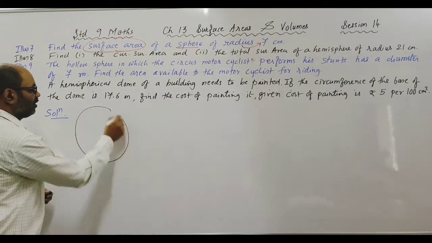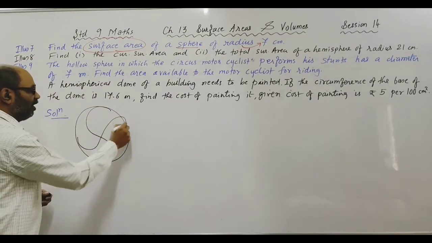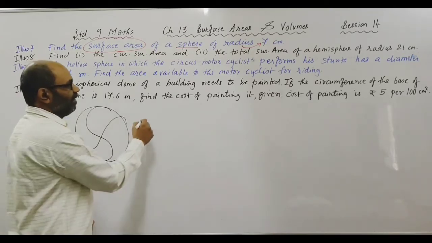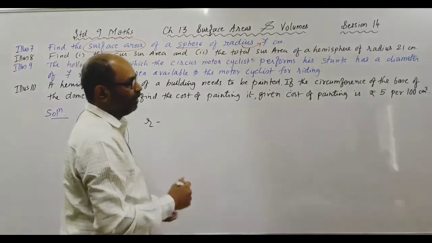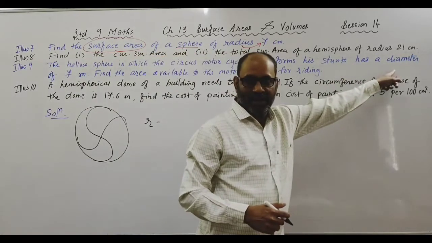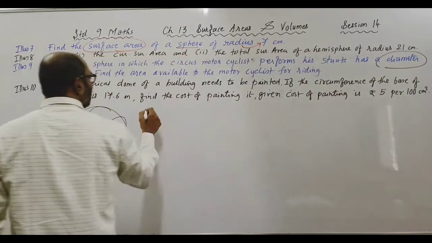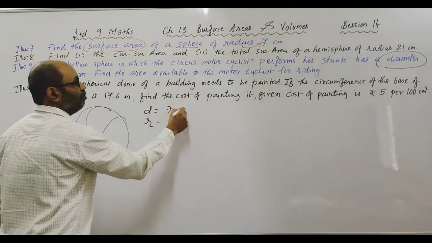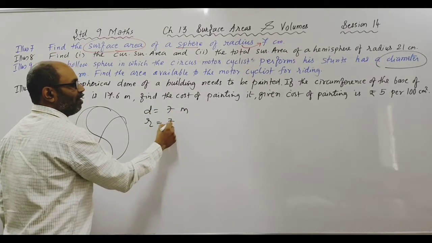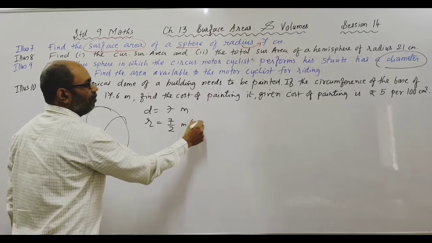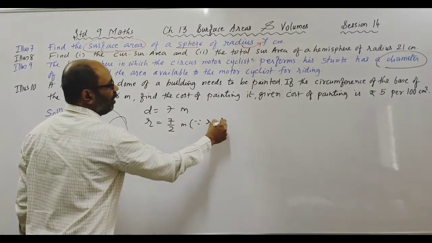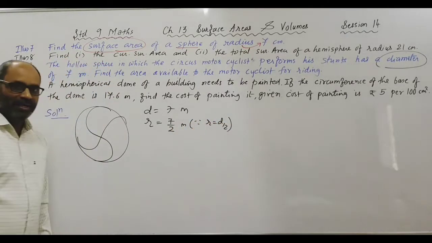Again, not required, and still I am drawing it. This is sphere. Radius is given how much? Oh, it's diameter, not radius. It is diameter. Diameter is 7 meter. So radius will be 7 by 2 meter because radius is equal to diameter divided by 2.